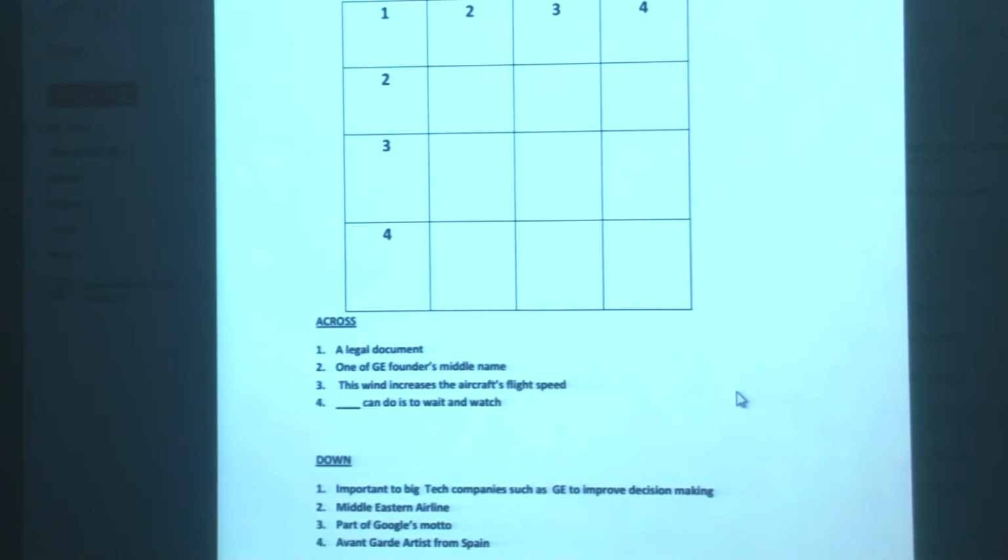It's important to big tech companies such as GE to improve decision making. I think GE, but every other tech company does it. So if it is not, one across is a legal document. Do you know what a legal document is?